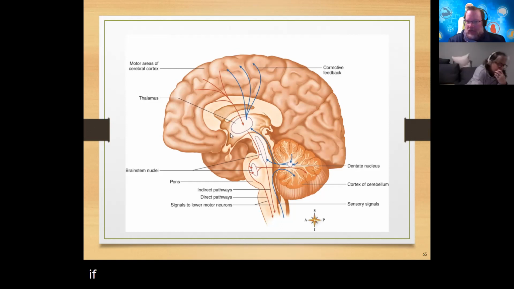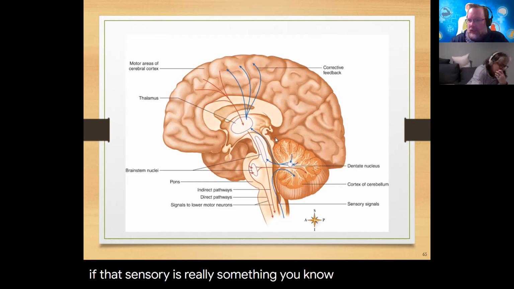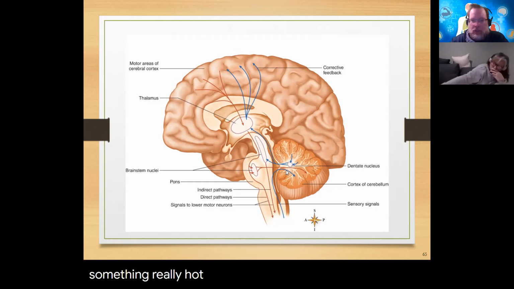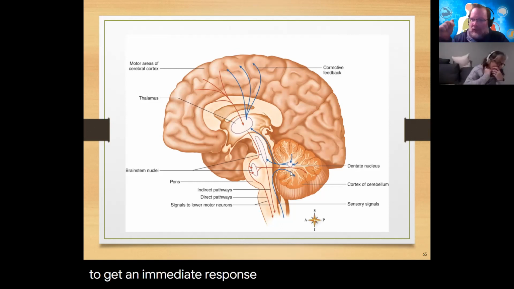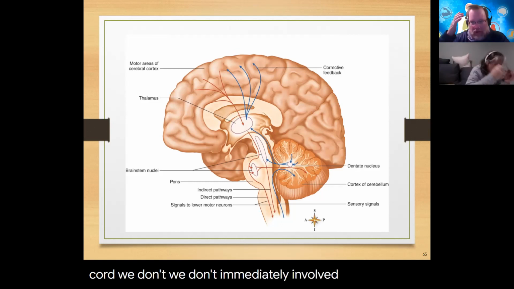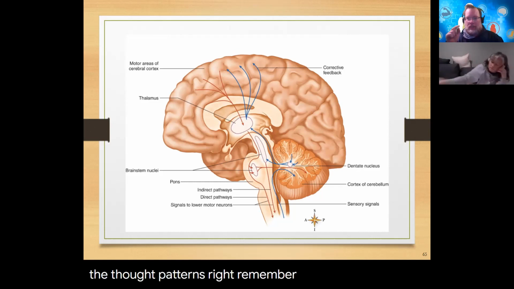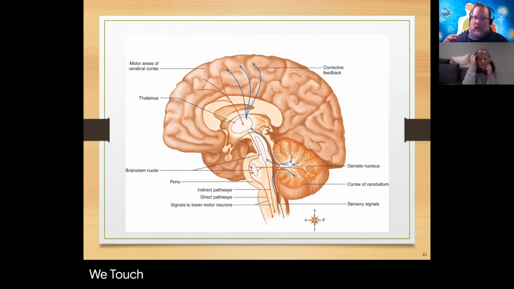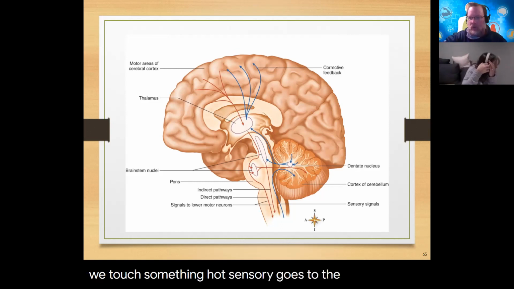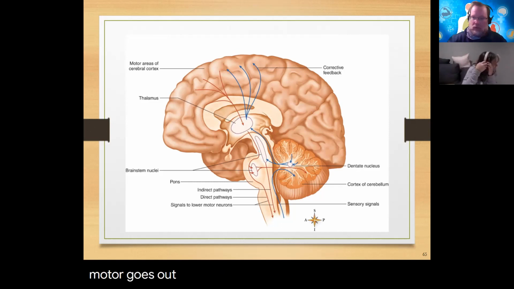And again, if that sensory is really something, if you touch something really hot, really sharp, you're going to get an immediate response all the way down in the spinal cord. We don't immediately involve the brain and the thought patterns, right? Remember that simple reflex arc. We touch something hot, sensory goes to the spinal cord, motor goes out the spinal cord.